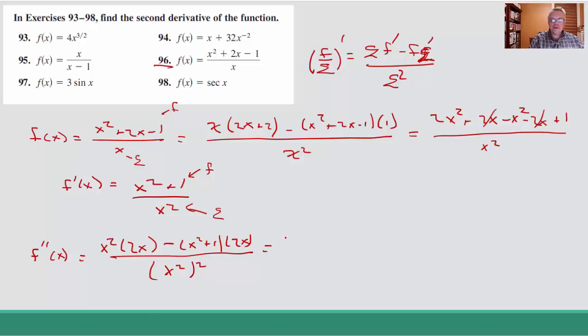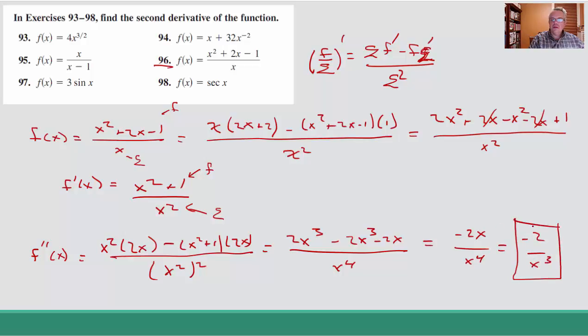Okay, we got this. So this would be 2x cubed minus 2x cubed minus 2x over x to the fourth, which would be minus 2x over x to the fourth. We can cancel a factor of x, get minus 2 over x to the third. That's some math muscle. All right, so the second derivative is negative 2 over x cubed.